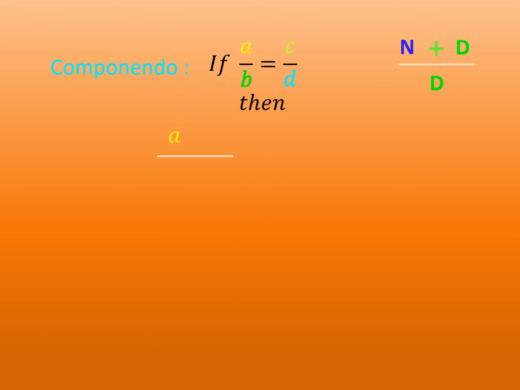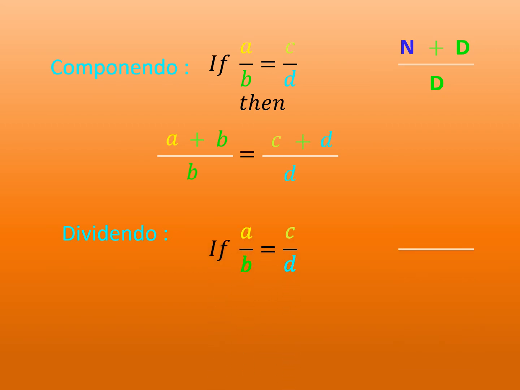You will get numerator a plus denominator b upon denominator, so b will come down, equals the right side, where again we apply numerator plus denominator upon denominator. By componendo it will become a plus b upon b equals c plus d upon d.